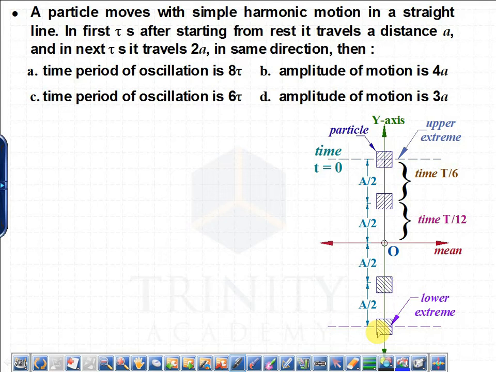Now it is given to us in this case that the particle starts motion from rest. So the first important and obvious point is that the particle must be at the position of amplitude at time t equal to 0.